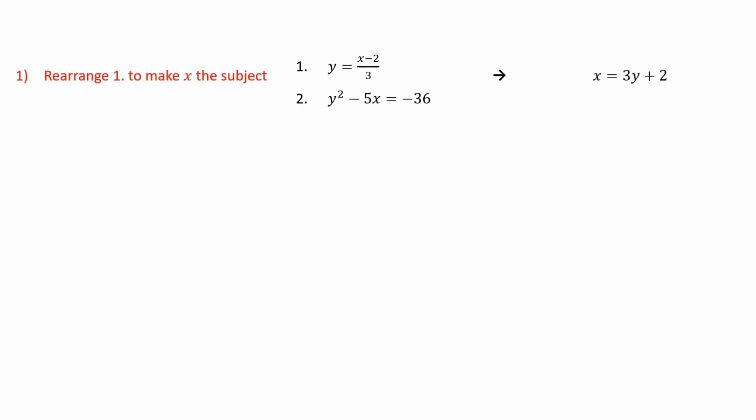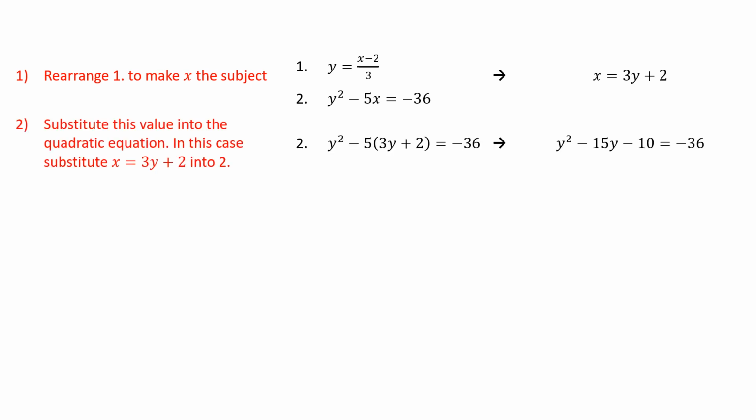So we're going to take this equation 1 and now we want to rewrite it in terms of x. So when we do this, we bring that 3 in the denominator on the right hand side across as 3y, and then we bring that minus 2 across as a plus 2. So we have that x is equal to 3y plus 2. And now we want to plug this in where x is in this quadratic.